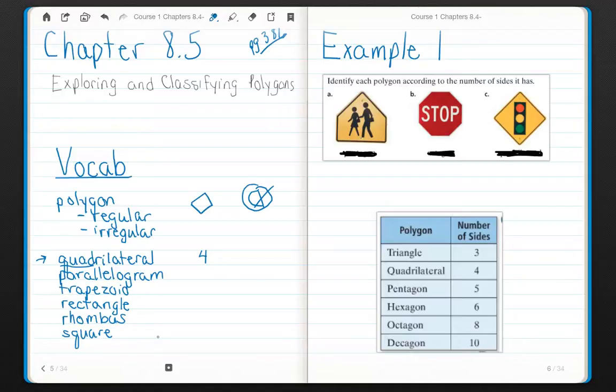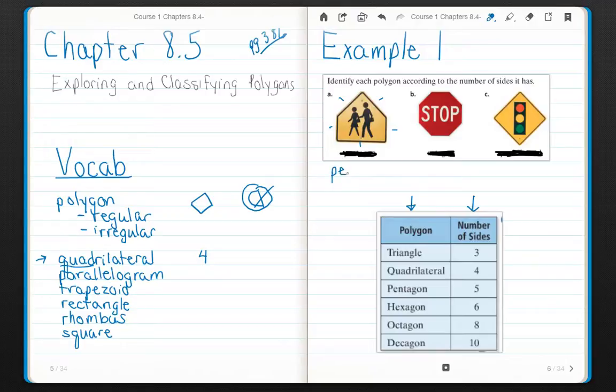All right, so let's get started with example 1. Identify each polygon according to the number of sides. So down here is a lovely chart that gives the name of the polygon for the number of sides that it has. If you have not already done so, you need to make sure that you memorize this list. So A has 1, 2, 3, 4, 5 sides.